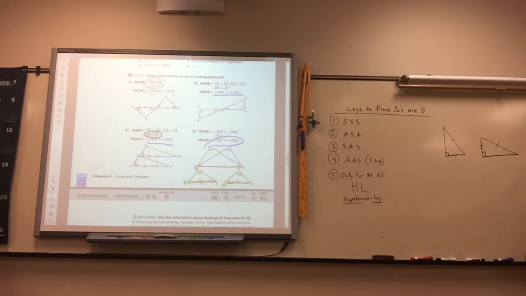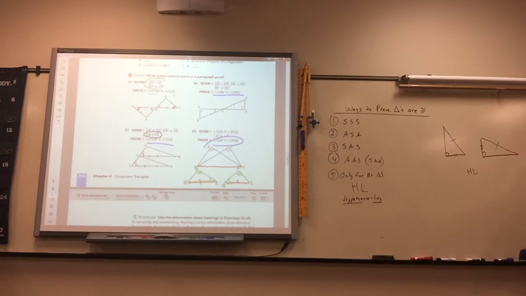ASS. So that's why they use HL. Angle side only works if it's a right triangle. If it's not a right triangle, ASS won't work. So that's why they don't have ASS, for another reason other than being a bad word. So if it's right triangles, you just check the hypotenuse and leg.